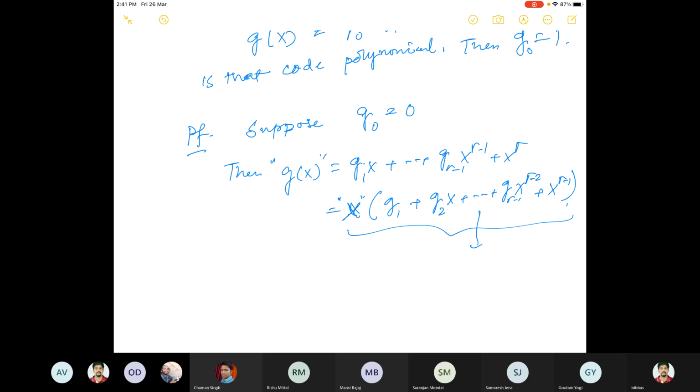Why is that? So it is a reducible polynomial. Yeah, so what? I mean, what is the contradiction here?